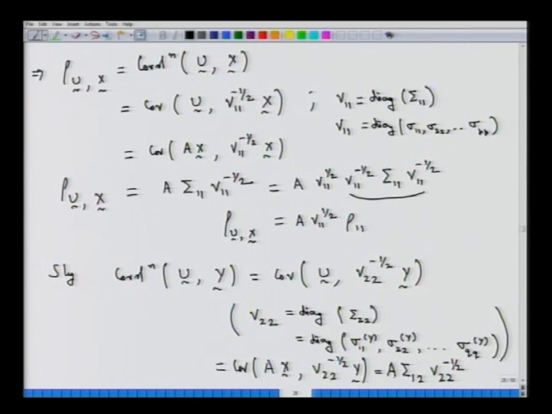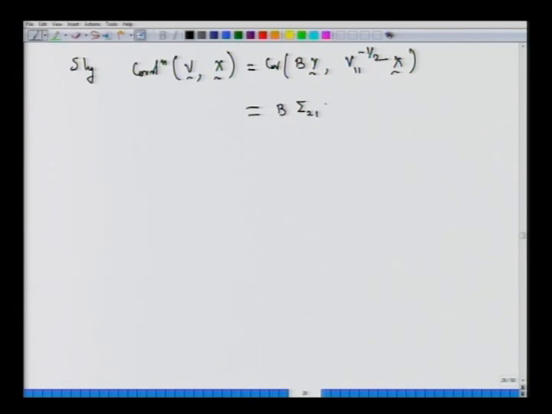Once again, this is the correlation matrix between u and y. If we want to write this in terms of the correlation matrix, one can do so by introducing the appropriate diagonal matrix in order to write sigma 12 in terms of rho 12.